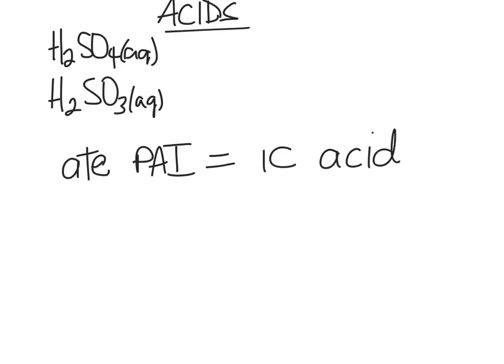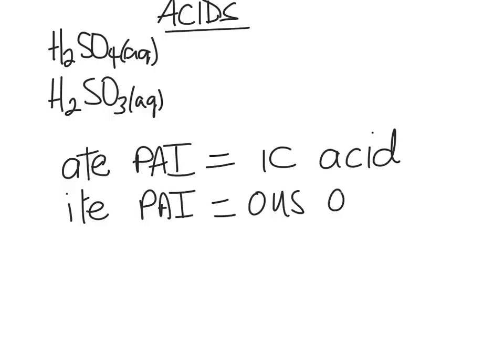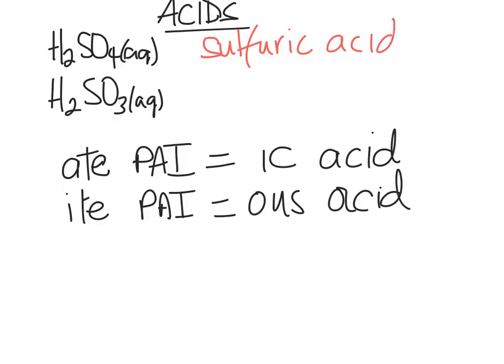If you have the ite polyatomic ion, it's going to be ous acid. So H2SO4 becomes sulfuric acid, and H2SO3 becomes sulfurous acid.